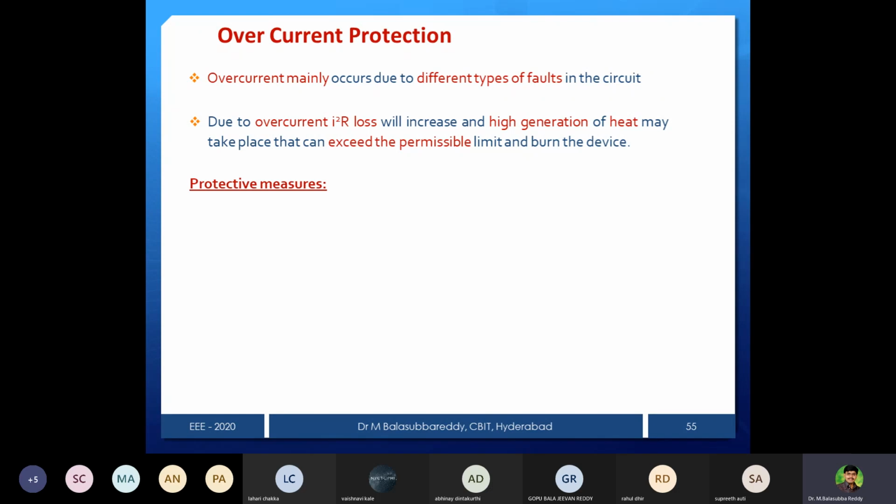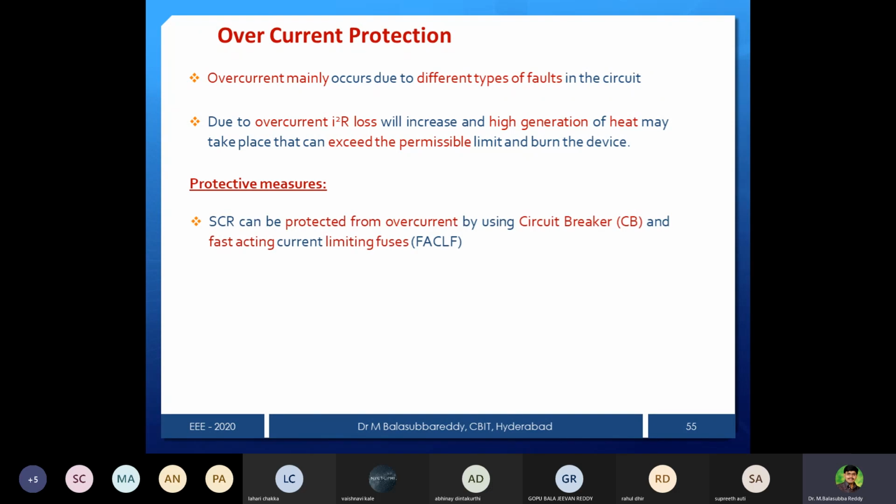And what protective measures can we take? SCR can be protected from overcurrent using a circuit breaker and fast acting current limiting fuses. We can use either of these as protective measures.